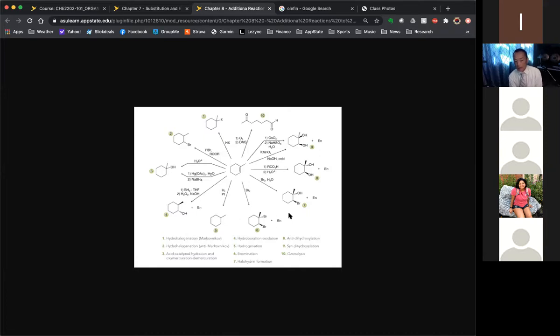How do we, in fact, synthesize or react different alkenes? When subjected to different conditions, what types of reactions can this carbon-carbon double bond bear? And what I'm going to do is I'm going to make the case that the vast majority of these reactions fall into really two different categories.